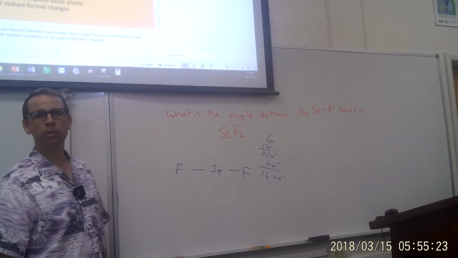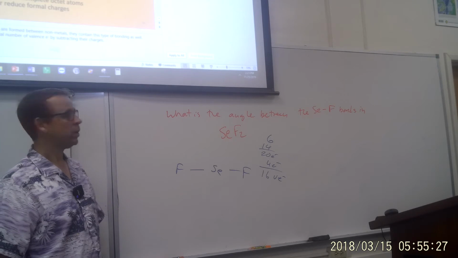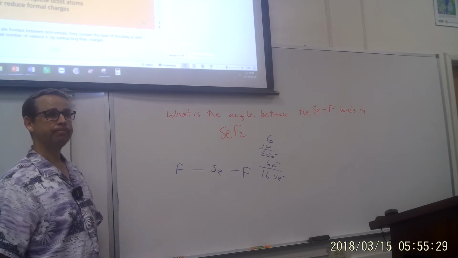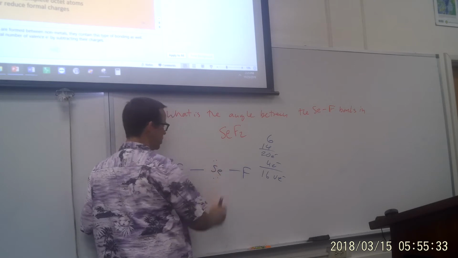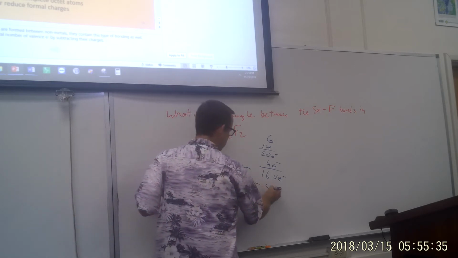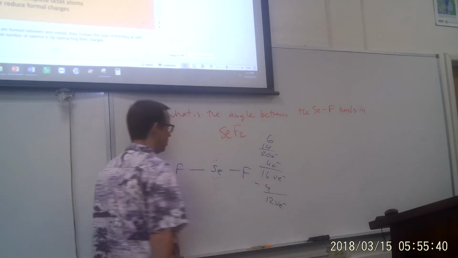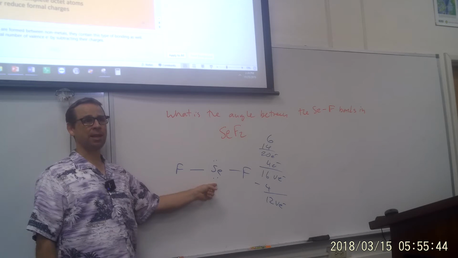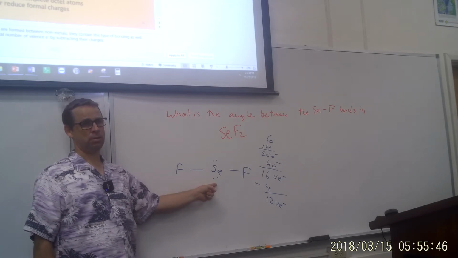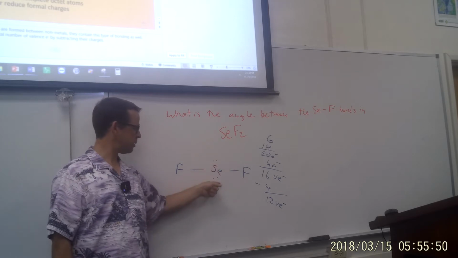Okay, so where do they go? It's good to start with the central atom. How many more electrons do we need there? 4. 4 more electrons, and that comes in 2 pairs like that. Okay, so there's 4 electrons gone, and then we got 12 valence electrons left. And now selenium has access to how many electrons? Access to 8. 1, 2, 3, 4, 5, 6, 7, 8.